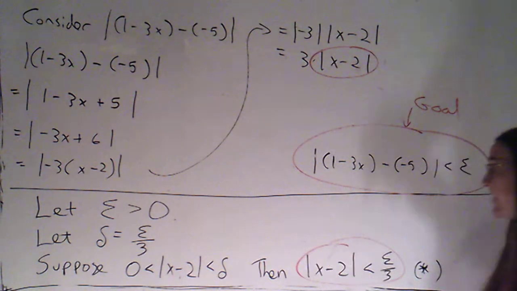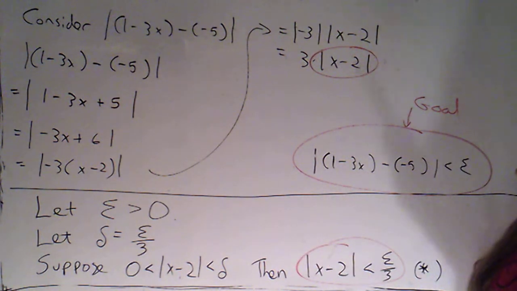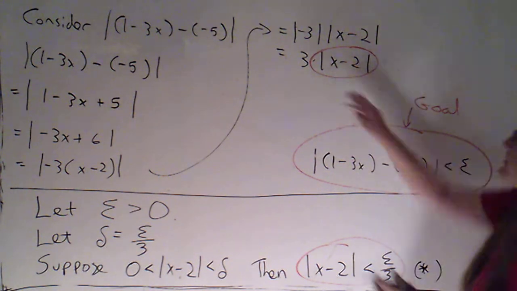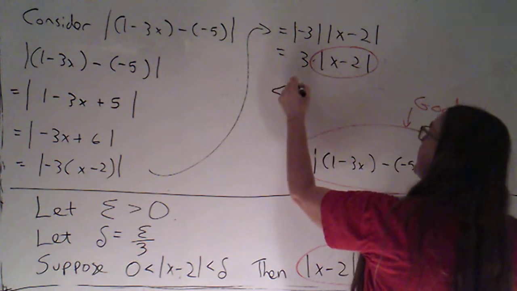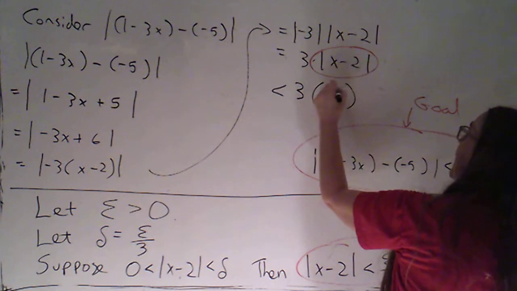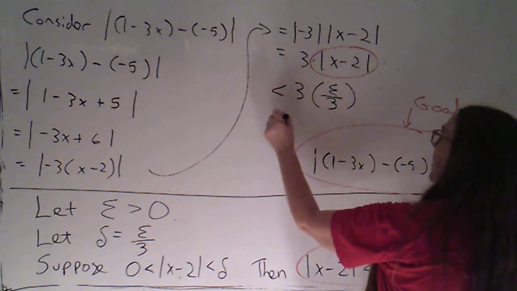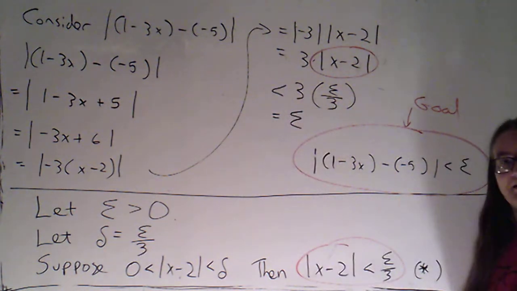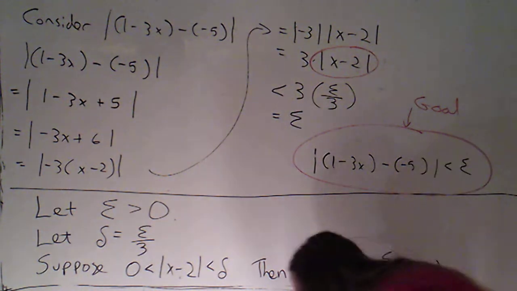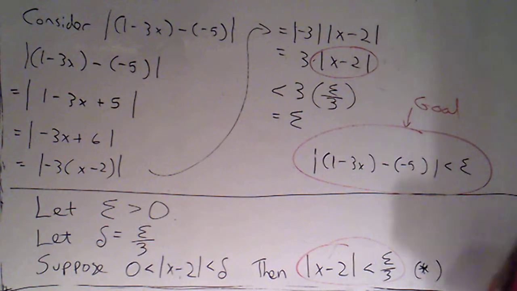Because I know that that part of it is smaller than epsilon over 3. So that means this must be smaller than 3 times epsilon over 3, which is epsilon. That's exactly what we wanted to show.